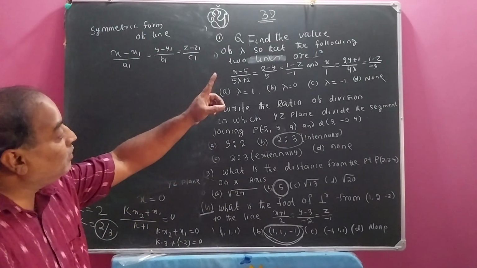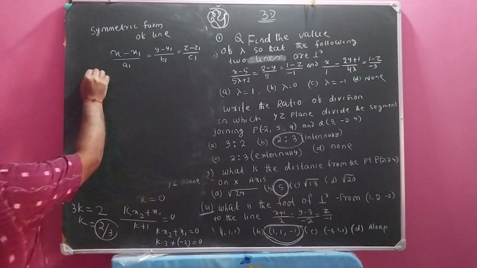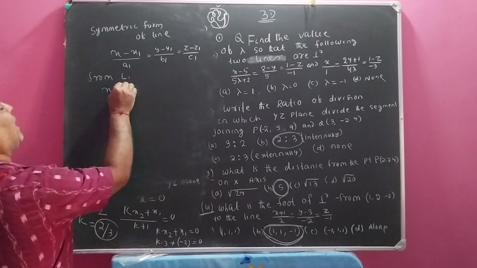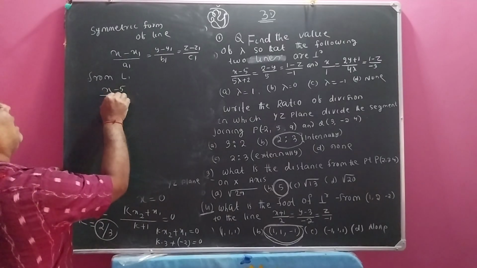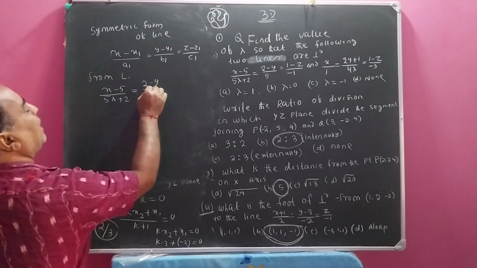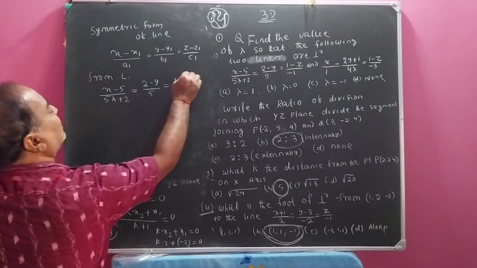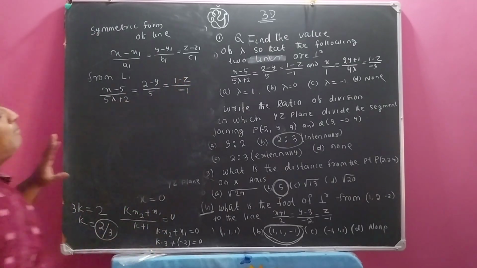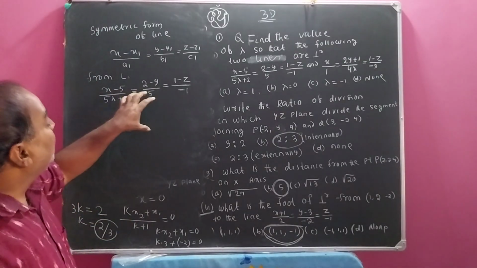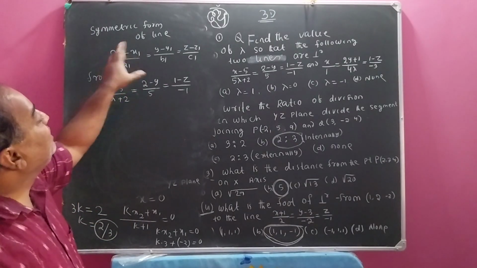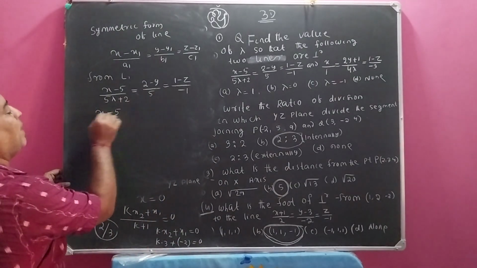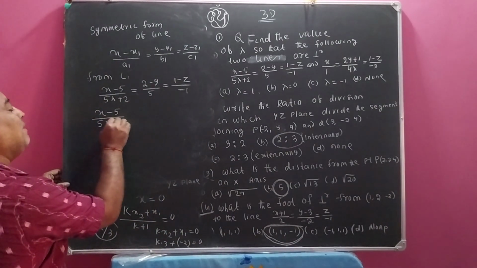But in our line, from L1, (x minus 5) by (5 lambda plus 2), 2 minus y by 5 is equal to 1 minus z by minus 1. But this line is not in symmetric form, so you have to convert it. How? Write (x minus 5) by (5 lambda plus 2).